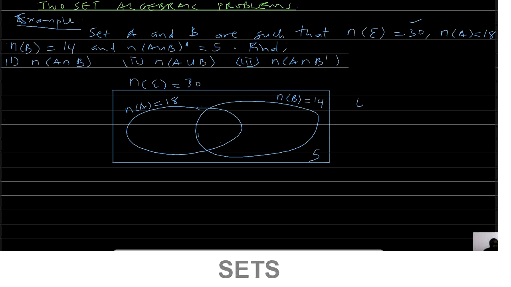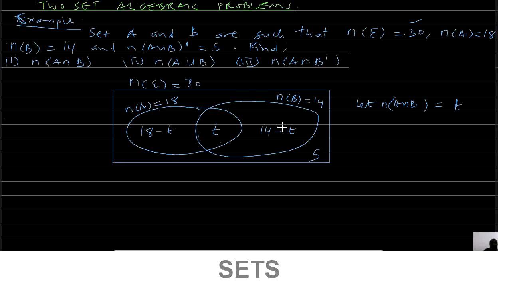So let the number of elements in A intersection B be t. If the whole of this is 18 and we have taken away t, we remain with 18 minus t here. If the whole of this is 14 and we have taken away t, we remain with 14 minus t.